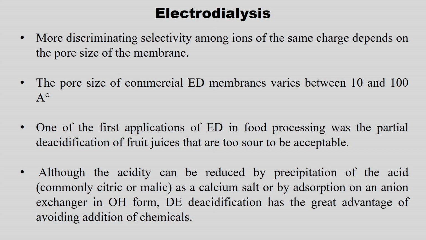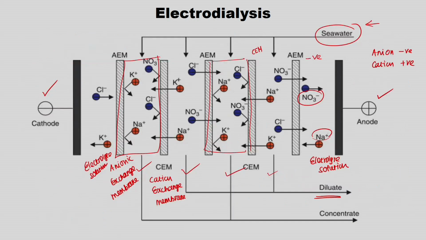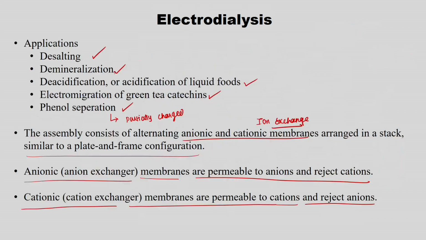The more discriminating selectivity among ions of the same charge depends on the pore size of the membrane. What we have seen here is, I have taken two ions, right, Na plus and K plus, in terms of cations. If I want to remove only Na plus, that can be done by the pore size, right.